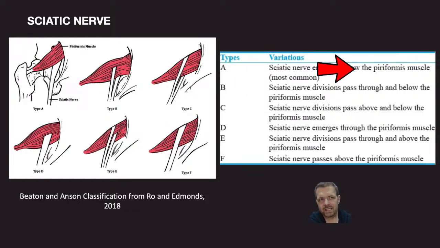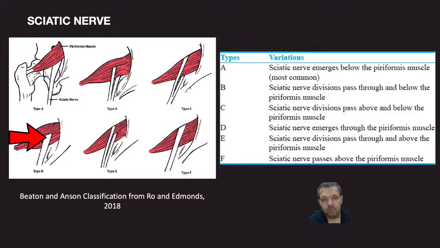So this is where the sciatic nerve emerges below the piriformis muscle. Okay, so it just goes underneath it and everybody's happy. Type B is where you get a branch that pierces the piriformis, and then the other branch goes underneath it. So it's where it's split before the piriformis, and a branch will go through it. Okay. Then we've got one that goes over the top of piriformis, one underneath.